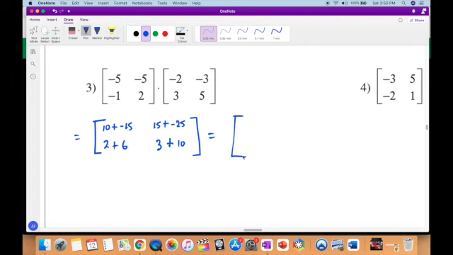I'll end up with 10 minus 15 is minus 5. Negative 5. This here, 15 plus negative 25, that is negative 10. Yeah or nay? Yeah.